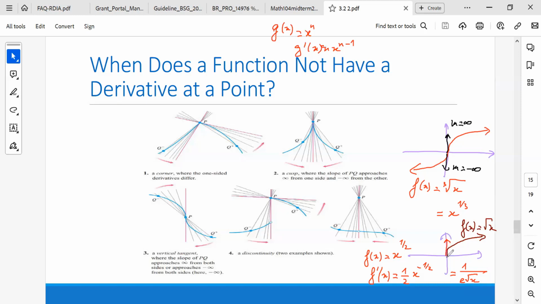ممكن نشوفها من الجراف لأنه عندنا the slope of the tangent at 0 is infinite. So we have a vertical tangent. Of course, definitely when the function is discontinuous, it's clear we cannot talk about derivability or differentiability.